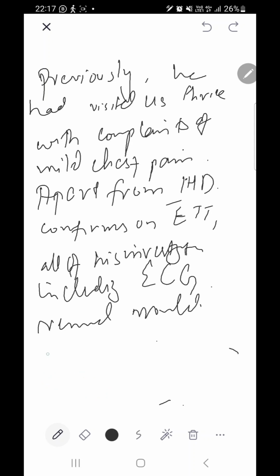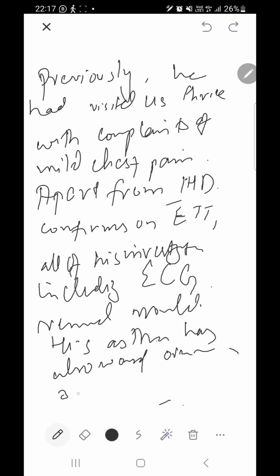Then we can write down that his asthma has also worsened over a period of 3 weeks due to non-compliance, right?